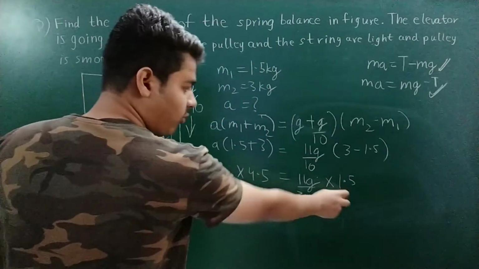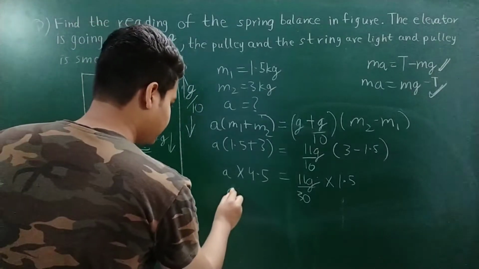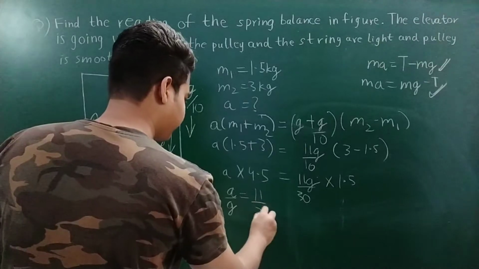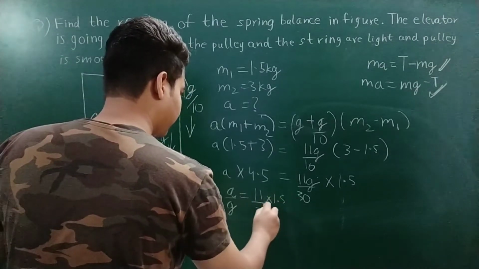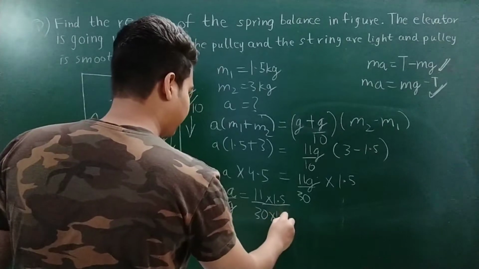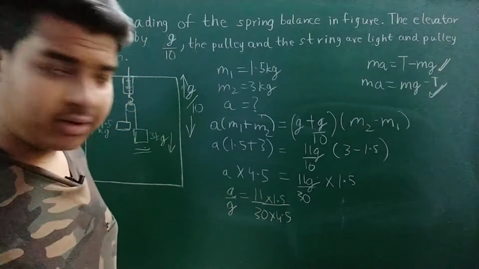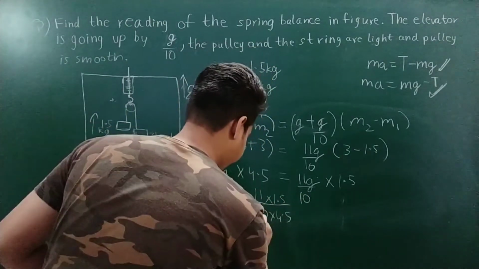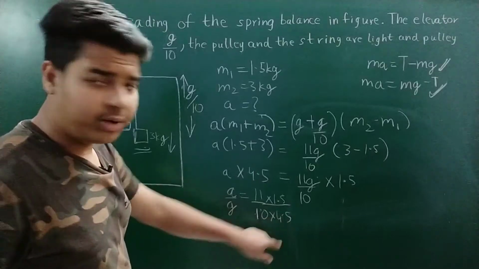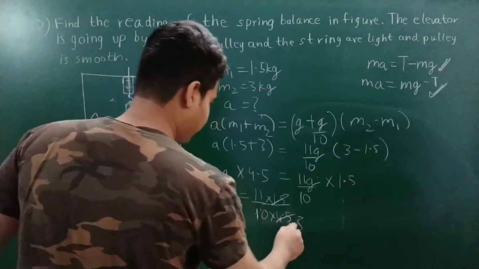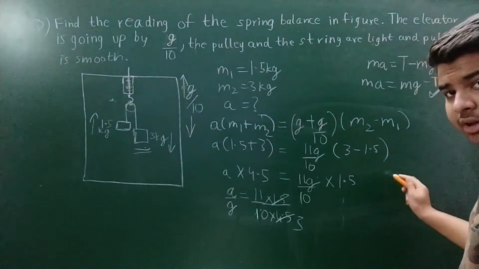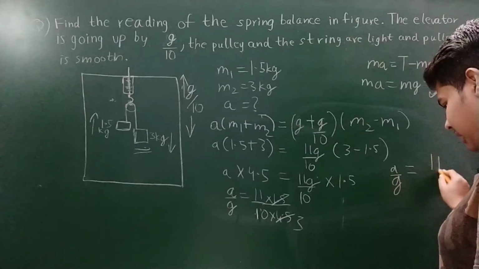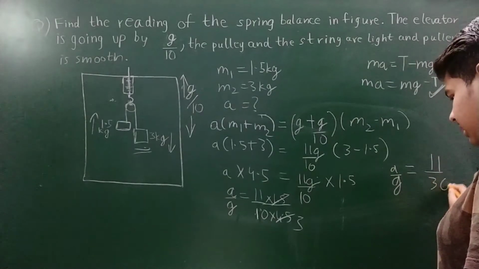We take G to the left here and 4.5 comes to our RHS, which means A by G equals 11 by 10 into 1.5 upon 4.5. 1.5, so it's not 30, here it's 10. 1.5 and 4.5 get cancelled out, that is 3. So we get the ratio, A by G equals 11 by 30.